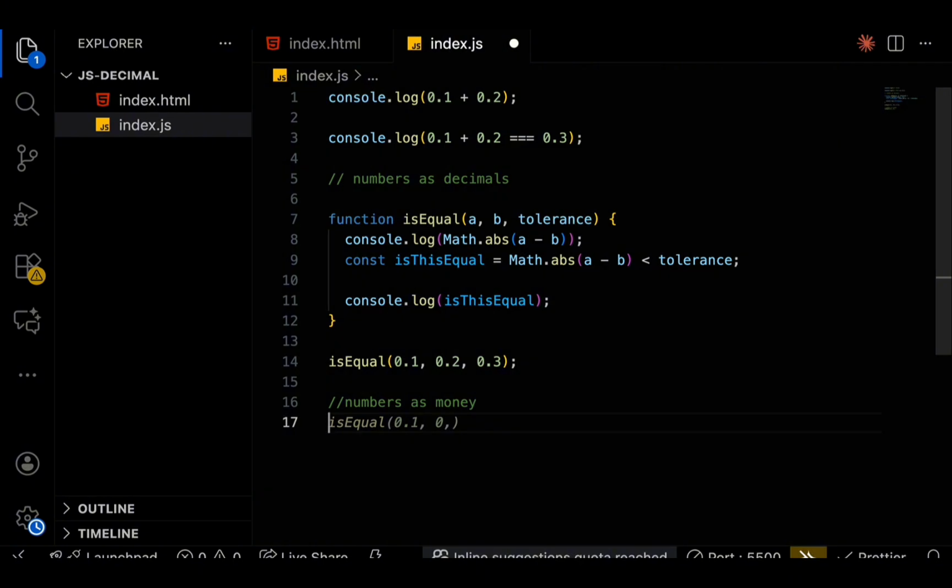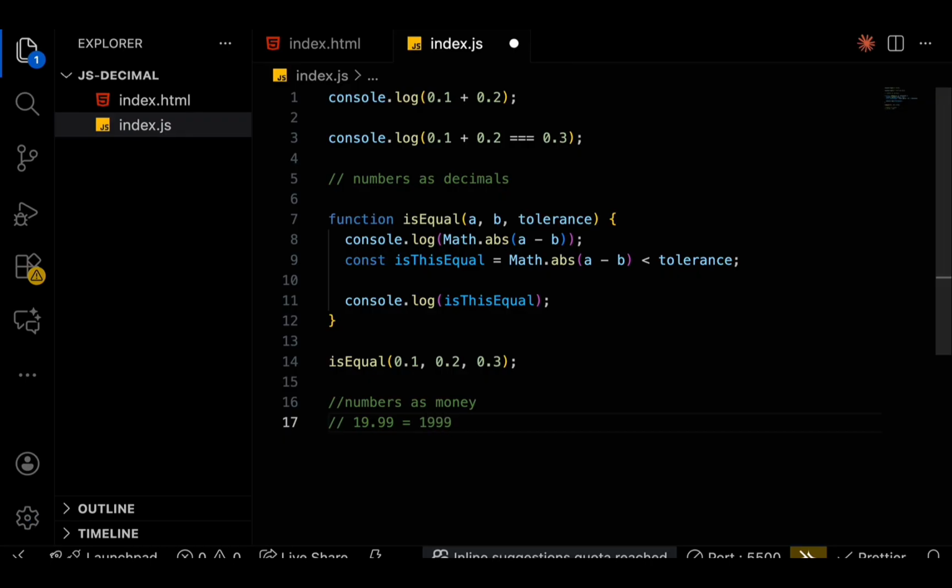So for instance, let me make a comment here. We have something like 19.99, because these are like real decimal values that we work with in real financial systems. So automatically this becomes 1999.